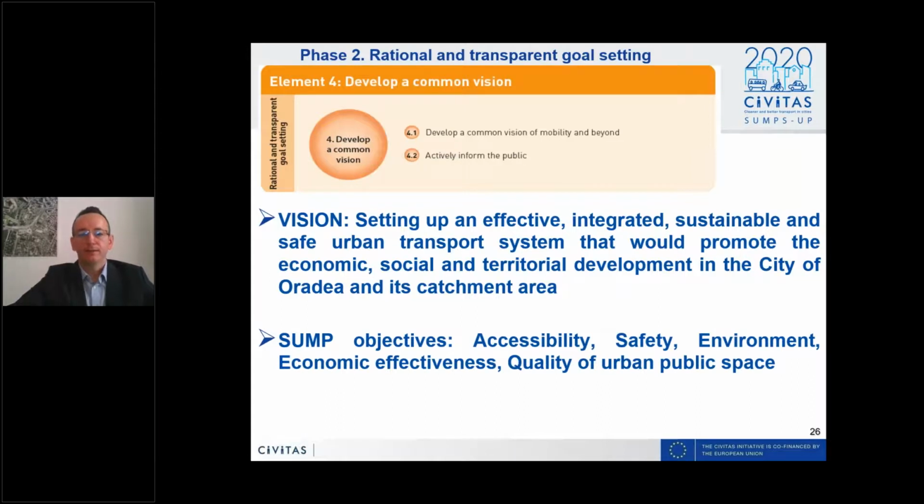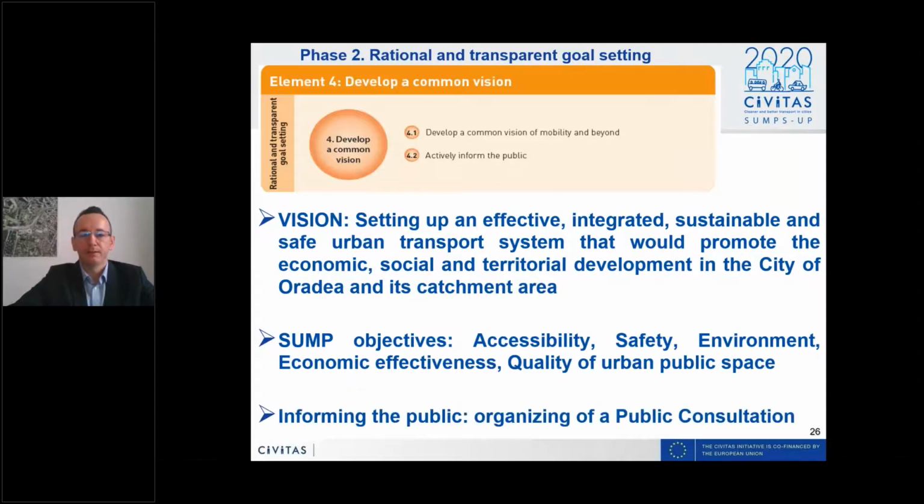The SUMP specific objectives were 5 and were focused on accessibility, safety, environment, economic effectiveness, and urban public spaces. We also informed the public by organizing a final public consultation.